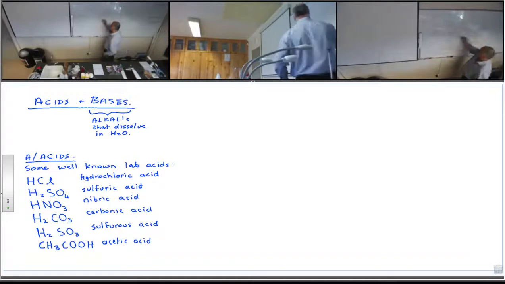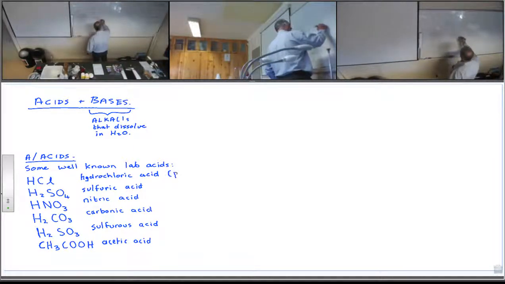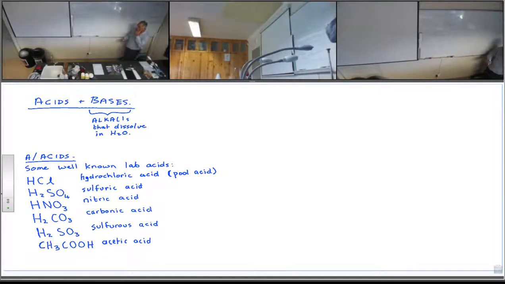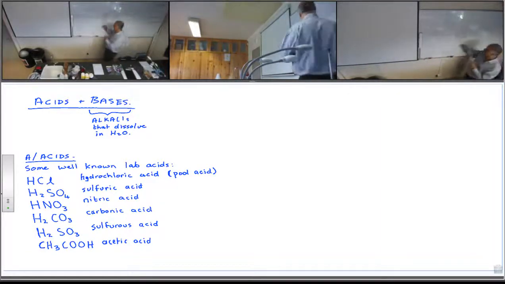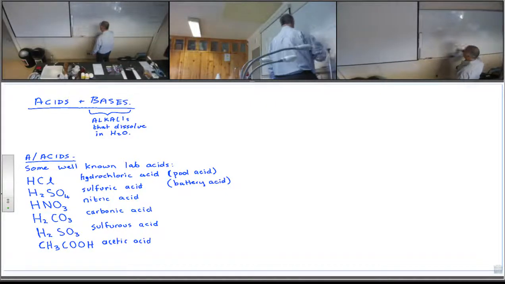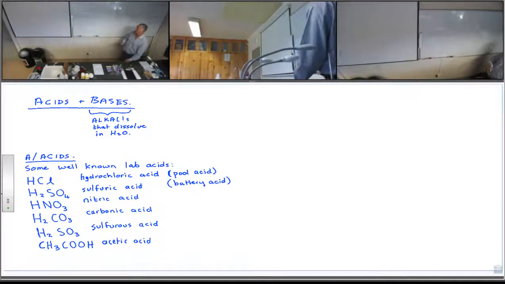Pool acid, please don't call it pool acid in tests or exams. Okay, it's hydrochloric acid. Sulfuric acid, we said, is battery acid. Nitric acid doesn't have a common name.